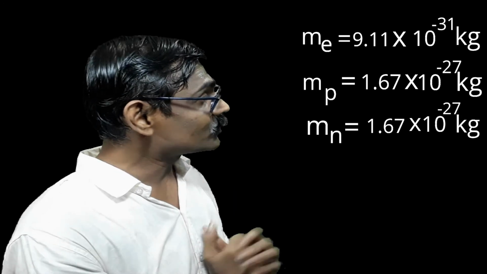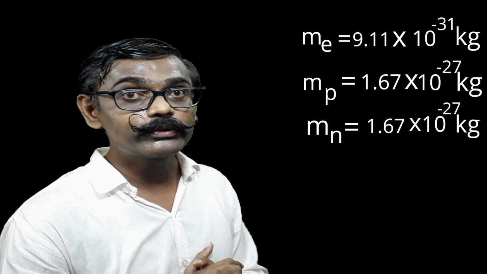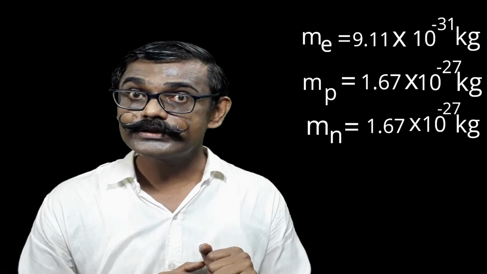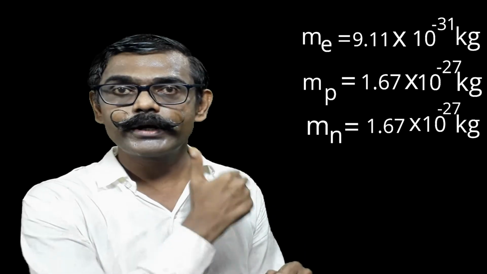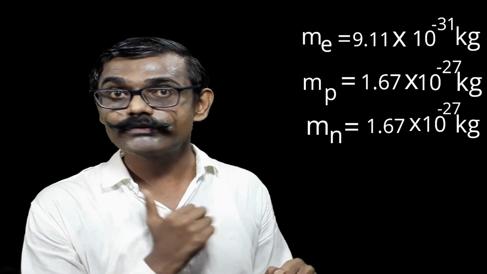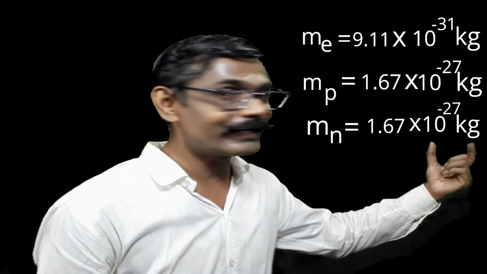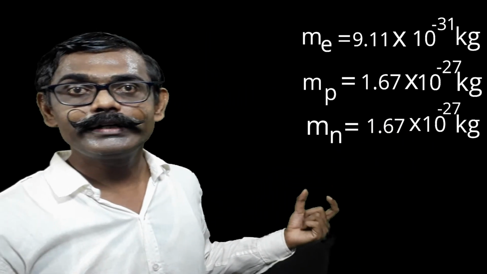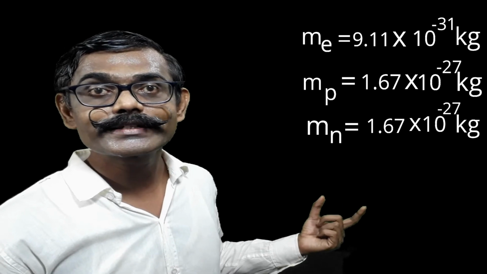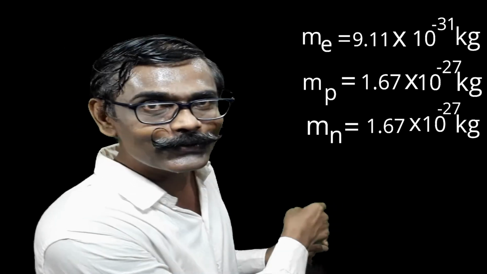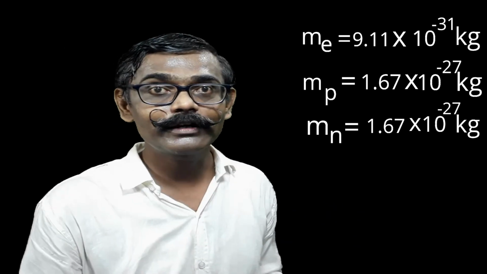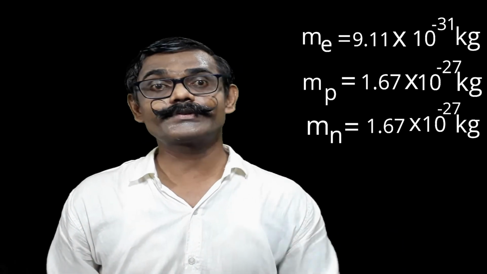Only the scale matters. For example, the mass of electron is 9.11 into 10 raised to minus 31 kg, and for proton it is 1.67 into 10 raised to minus 27. So who is heavier, electron or proton? Proton is heavier, about 1800 times heavier.